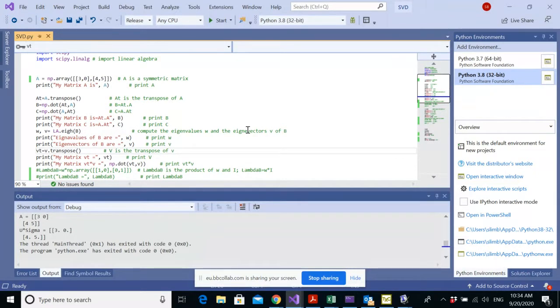Why? Because in the mathematical analysis, we said that we're using the matrix Q or V that takes the eigenvectors in columns. Here, the output provided by the NumPy library gives the eigenvectors in rows. So I need to transpose it.